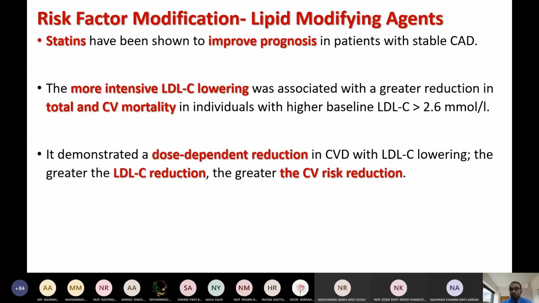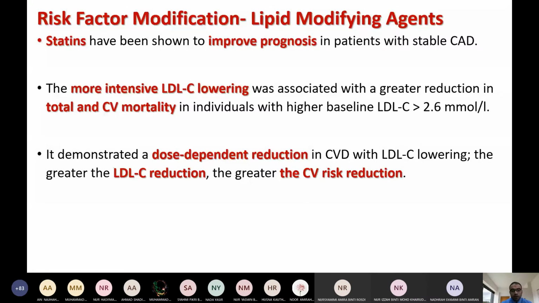It has also demonstrated a dose-dependent reduction in cardiovascular disease with the percentage of lowering of the LDL-C level. The greater reduction means that the more you decrease the low density lipoprotein, the harmful cholesterol, the more you will be able to reduce the cardiovascular risk.